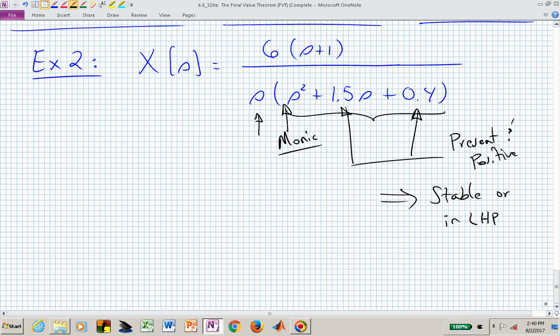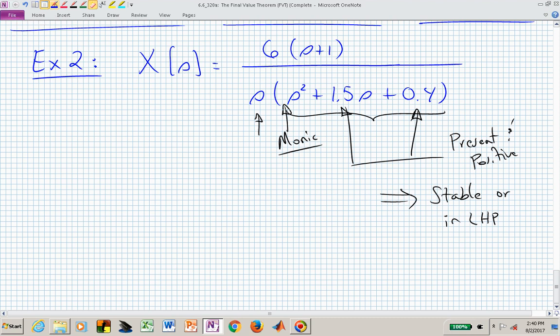So now, if we were to look at little s times capital X of s, that would actually cancel this s, so we're okay with respect to checking that second condition of our final value theorem. We actually have that s capital X of s has all of its poles in the left half plane.